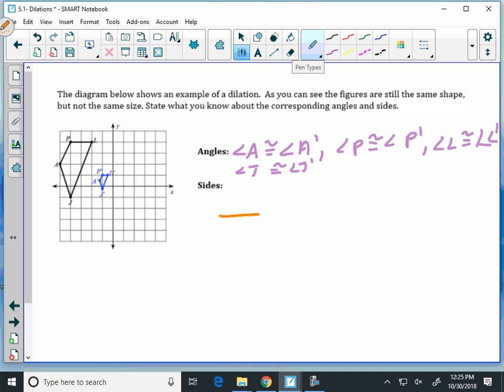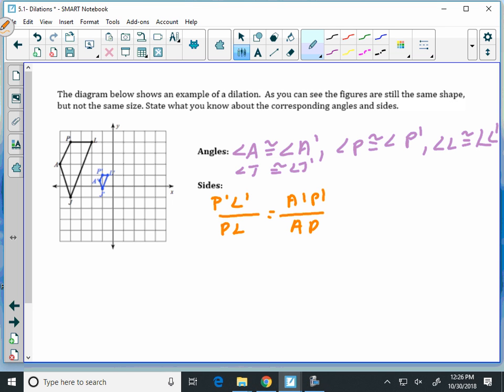That means if we take the length of P prime L prime and put it over the length of its corresponding side in the image, PL, whatever that fraction is equal to after you simplify, it will be the same exact fraction of A prime P prime over AP. Those fractions will be exactly the same. That's what it means to be proportional.